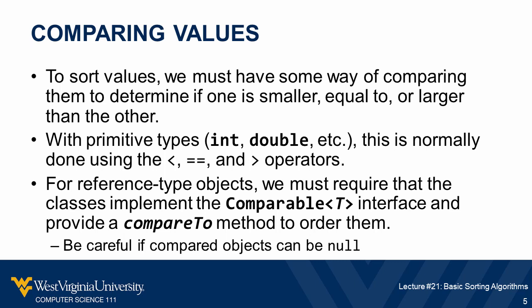If we're creating our own classes, we'll generally have to implement a compareTo method ourselves. And we saw in a previous lecture how we could do that. But we need to have some way to compare our values so that we can sort them, and implementing the Comparable interface is the normal way to do that.